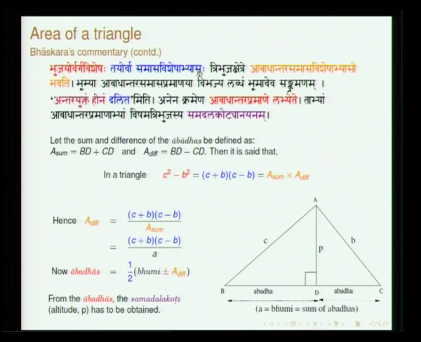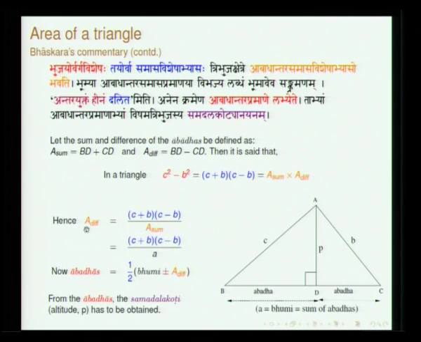Samasa is putting together, essentially the sum, and Vishesha is difference. So, he says C square minus B square is C plus B into C minus B, and that is also equal to Abadhantara Samasa Visheshabhyasaha, the sum of the two abadhas and the difference of the two abadhas. This is straight away seen from the consideration of these two triangles. Okay. So, this is the first relation that he says. From this expression we see that the difference of the abadhas is C square minus B square by A.